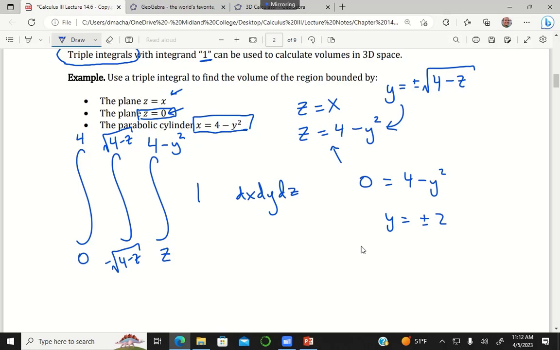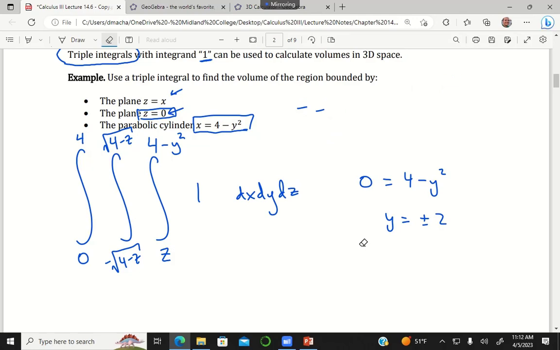Okay, so now if I evaluate this triple integral, then it should give me the volume of that solid. So first, taking the antiderivative with respect to x is going to give me just x.